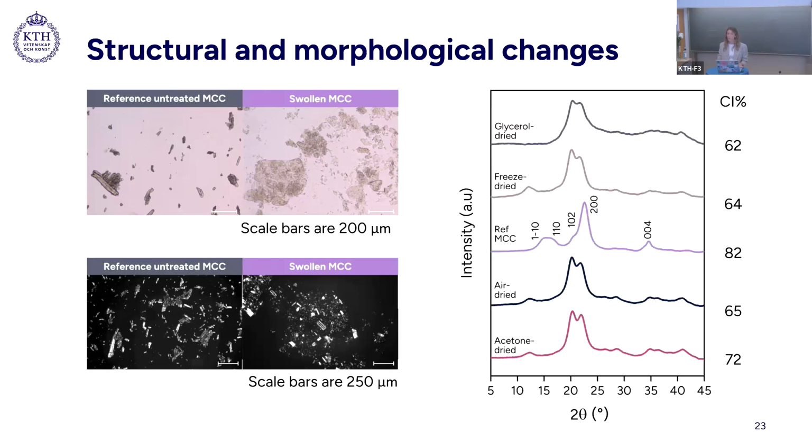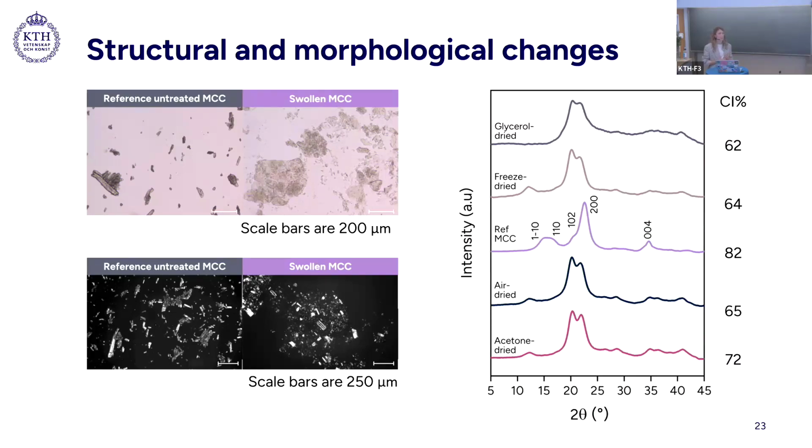We also performed X-ray diffraction, and we could see that the reference, the untreated material, is the light purple line. Here we have what is called the cellulose I pattern, whereas for the other material we have a cellulose II pattern. So something is happening with the crystalline structure as well when we do the swelling and reprecipitation, which was kind of expected.